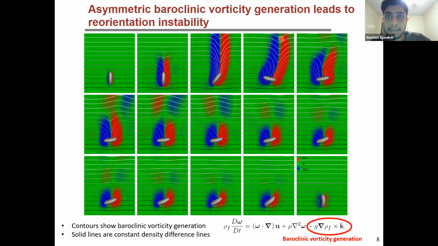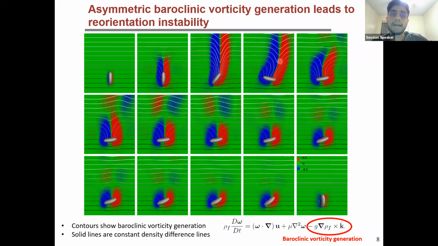But as it happens, the isopycnals are deforming, and once the particle reaches the peak velocity, the isopycnals are deformed so much that they resist any further deformation.